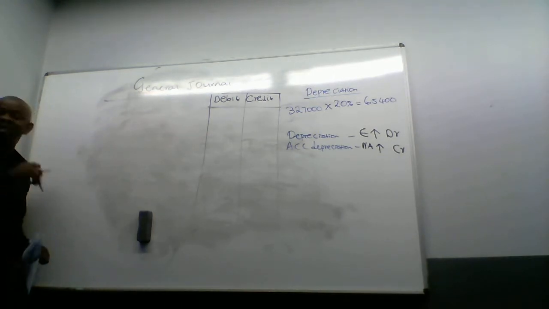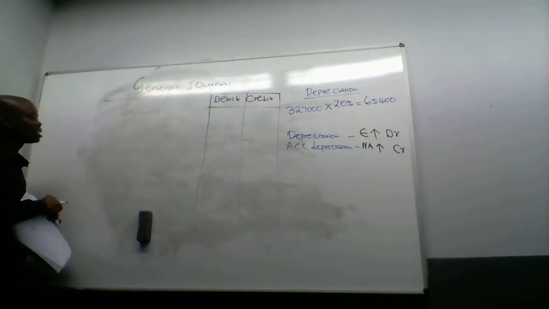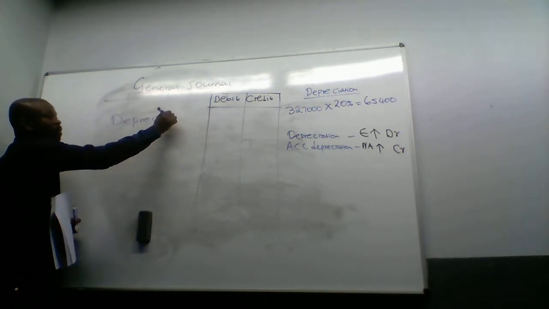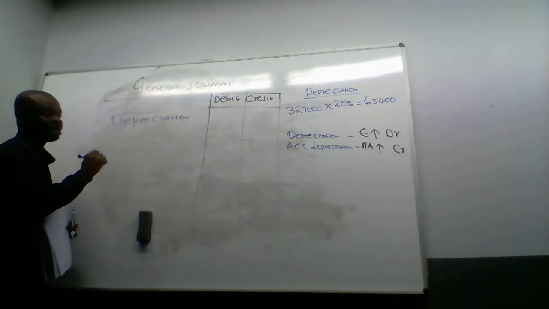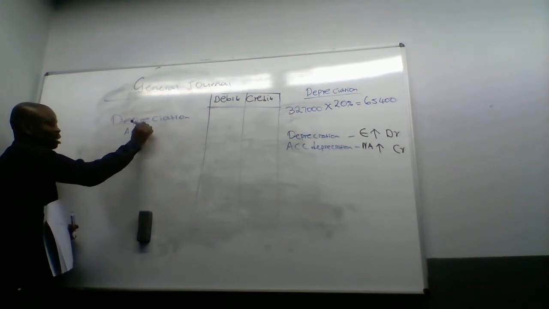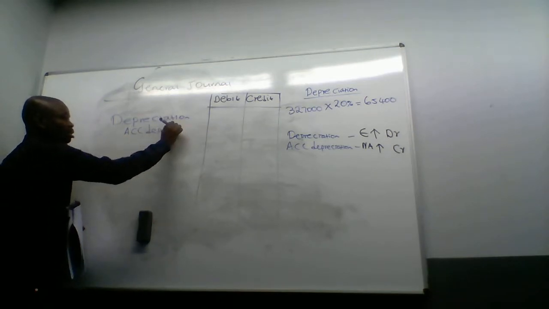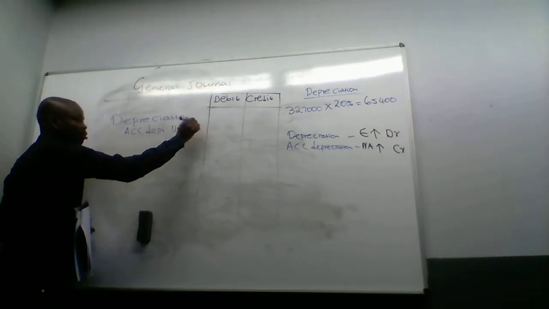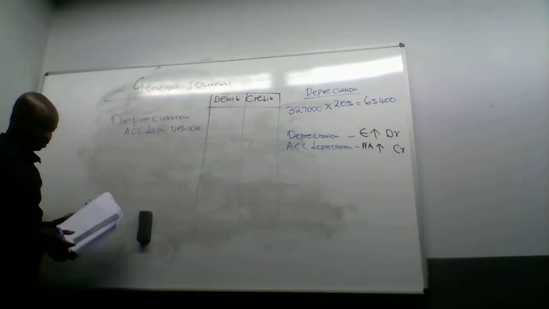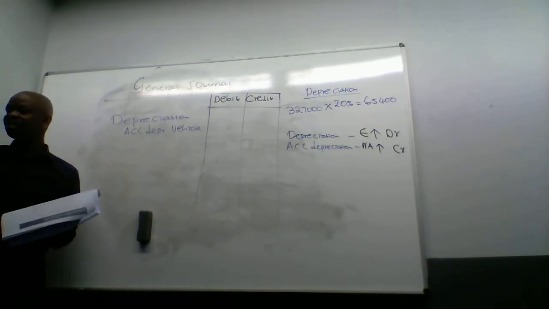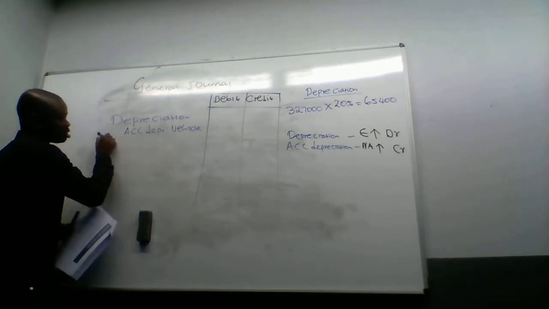So the one that I debit comes first. So I will start with what? Depreciation. And I will credit accumulated. I don't have space, I'm going to do this. And then I think we're dealing with what? The vehicle. Can you put the narration? Okay, they said narrations are not required.